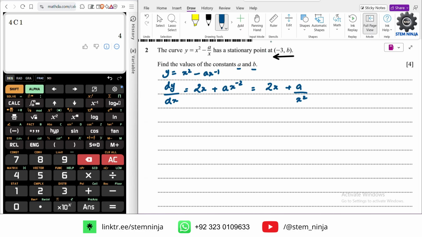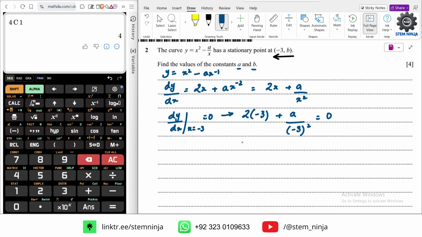It has a stationary point at minus 3. So dy by dx at x equal to minus 3 is equal to 0. Therefore 2 times minus 3 plus a over minus 3 whole squared is 0.